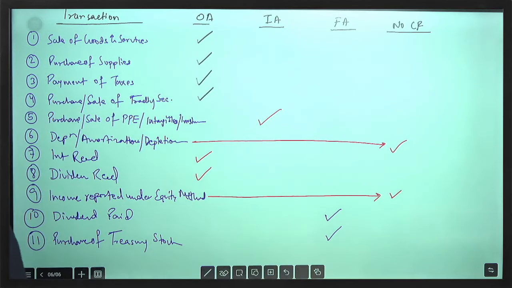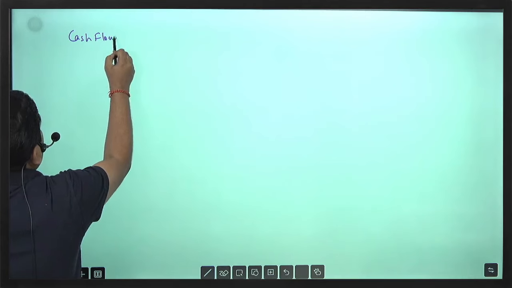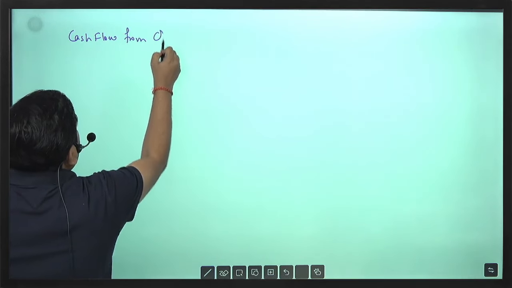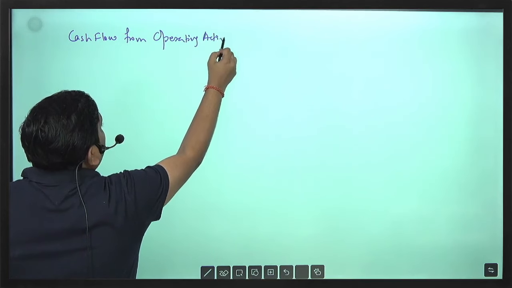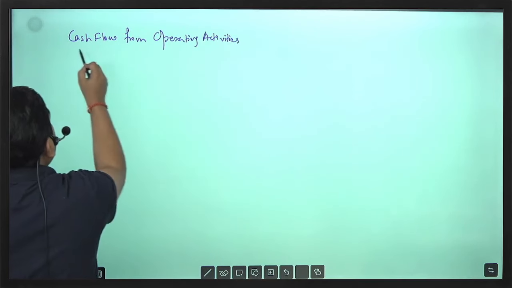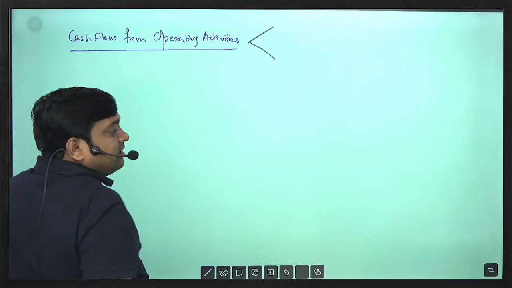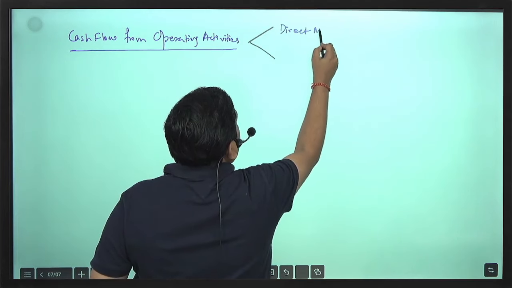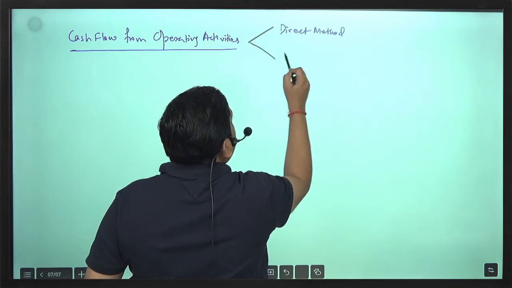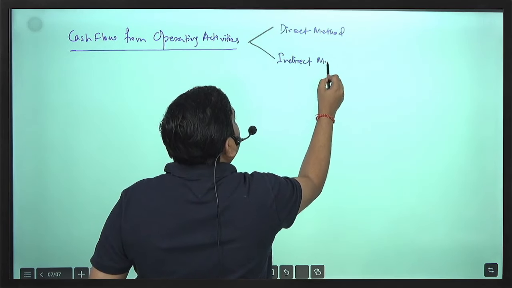So next is computation. Cash flow from operating activities, right? This cash flow from operating activity can be done in two ways. One is the direct method, another one is the indirect method.